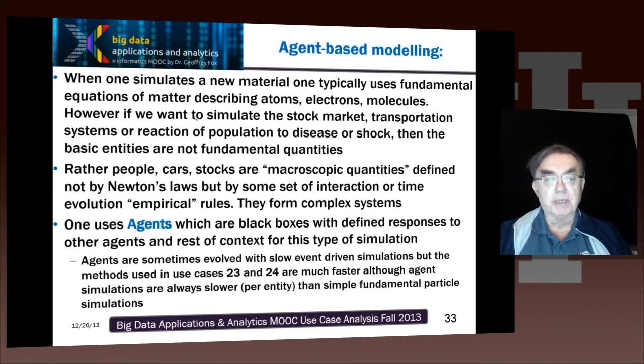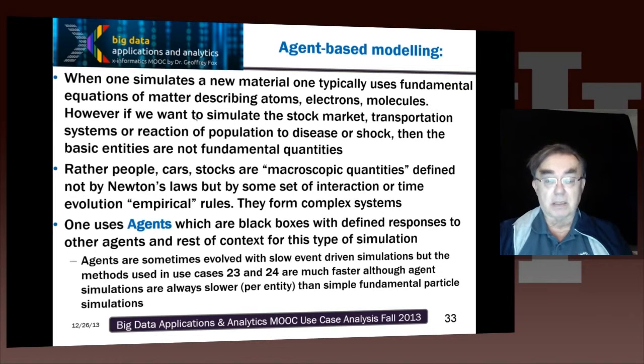That uses fundamental Newton's laws or Schrodinger's equation or Dirac's equation, the fundamental equations of matter to describe atoms, electrons, and molecules. You want to not just simulate materials, you want to simulate the stock market, the transportation system, or the reaction of population to disease or some unexpected shock like a 9/11 event.